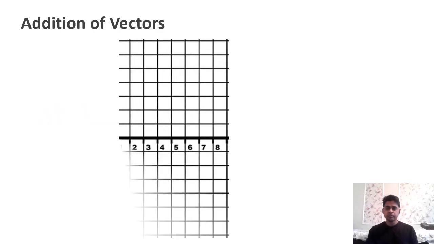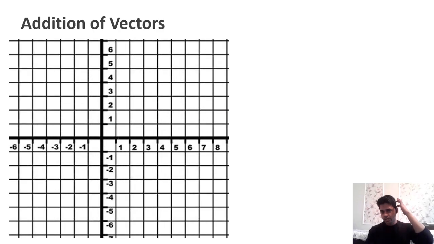Let's take one example, and I have taken a grid paper or graph paper. On this grid paper I will take a vector a, which is a equal to 2i plus 3j. It means a 2 unit movement in the x direction and a 3 unit movement in the y direction. Then I have one more vector b. If I need to add these two vectors, I use the head to tail method.